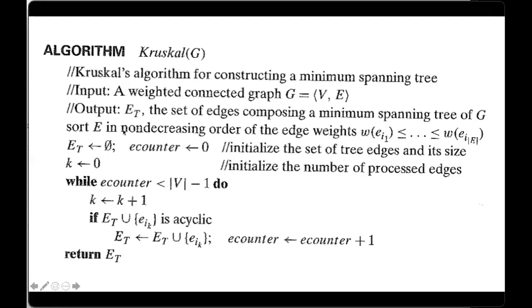So this is the algorithm for Kruskal. Input: a weighted connected graph G with vertex set V and edge set E. Output: ET, the set of edges composing the minimum spanning tree of G. First, sort the edge set in non-decreasing order of the weights.